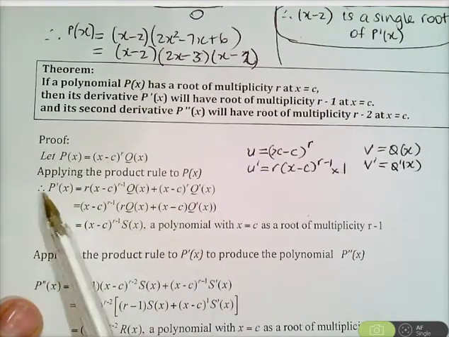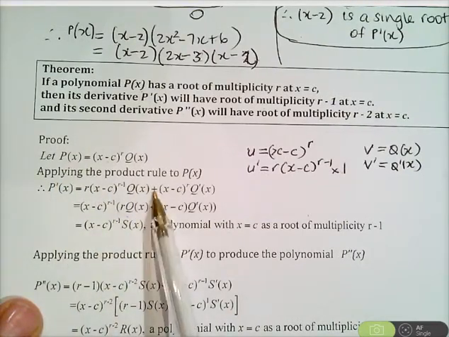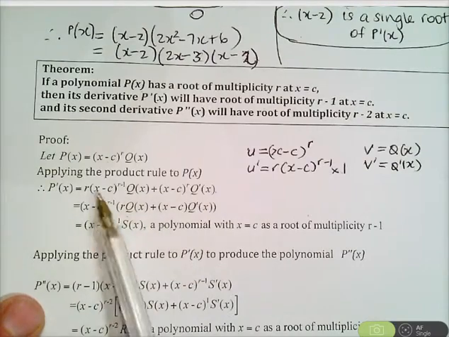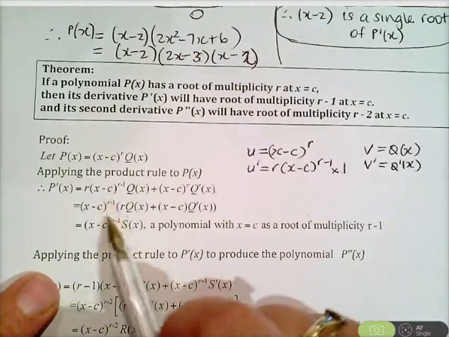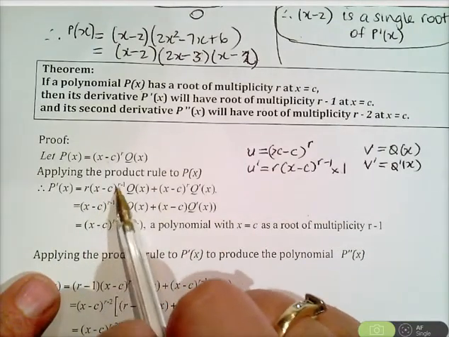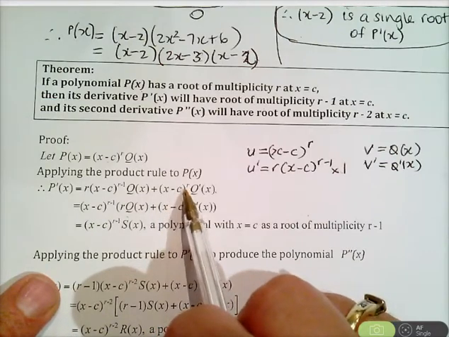So the first derivative, p dash x, is v times u dash plus u times v dash. Now, let's see if we've got a common factor here. What we're going to pull out is x minus c to the r minus 1, because it is smaller than x minus c to the power of r.